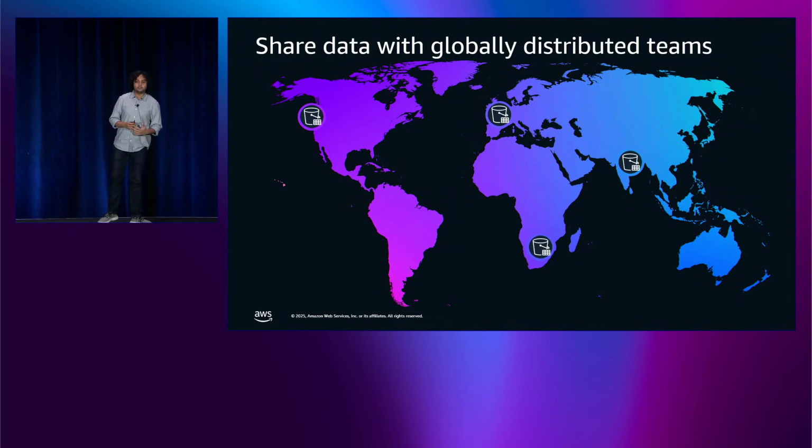So now you have teams in London, Mumbai, Cape Town, and all of them require access to the same data, and they want to run training models and they want to do another kind of analysis. And what you can do here is you can really fan out your applications, where you can have all of your data collected in one region and you can replicate them to one or more geographies of your choice.